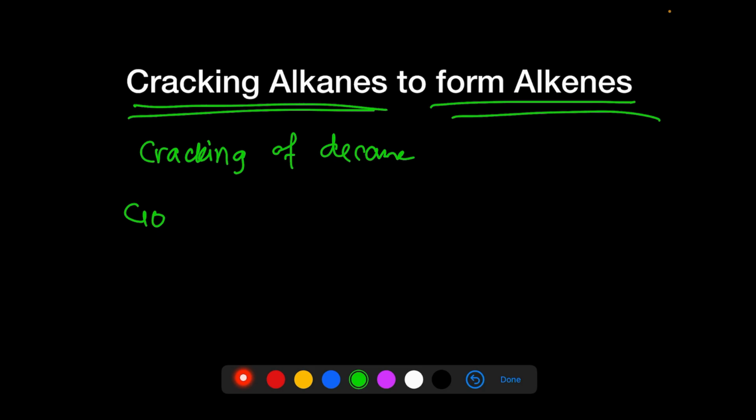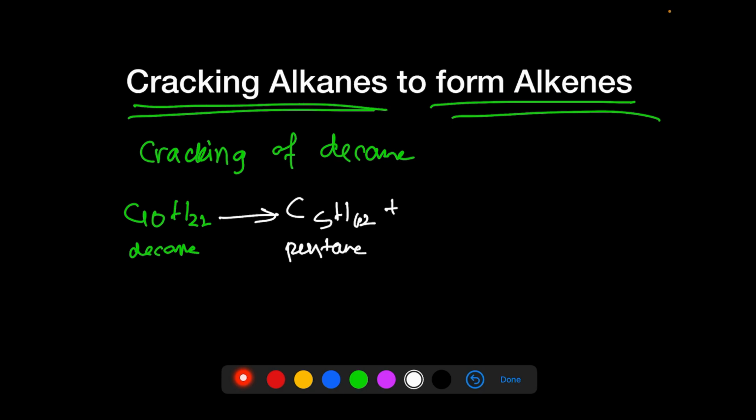So C10H22 is decane. The possible products which can be formed are C5H12, which is pentane, C3H6, which is propene, and C2H4, which is ethene.